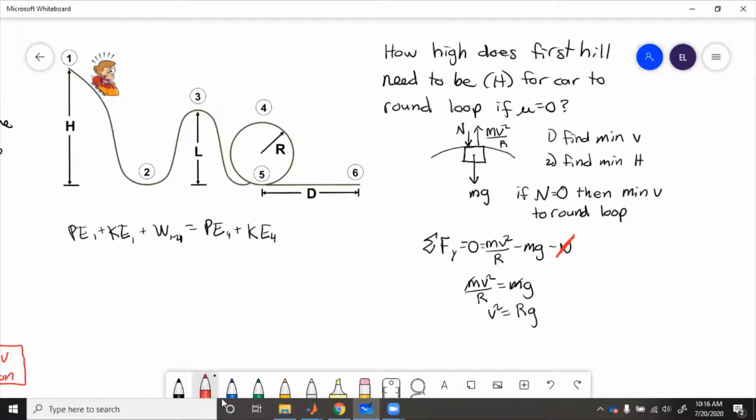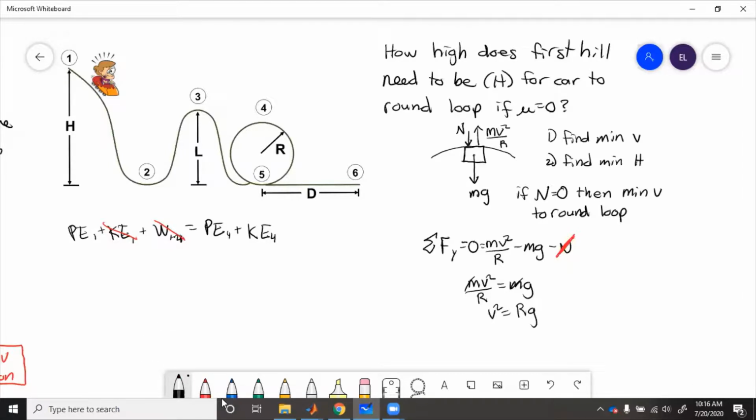There's no friction here, so there's no work. At state 1, it starts from rest at the very top of the hill, so there's no kinetic energy. And at state 4, it's moving, so it's got kinetic, and it's above the ground, so it's got potential.